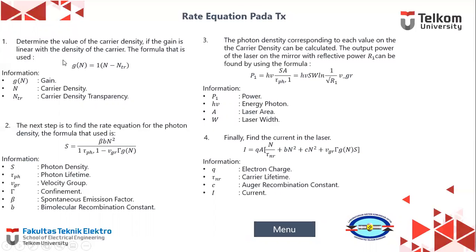So the first equation is to search for gain. The second equation is to search for photon density. The third equation is to search for power in the laser. And last, the fourth equation is to find the current in the laser.